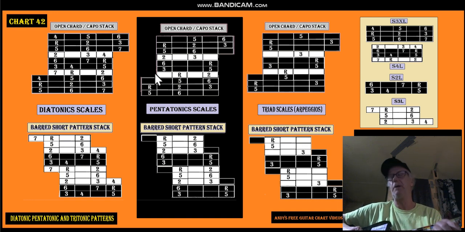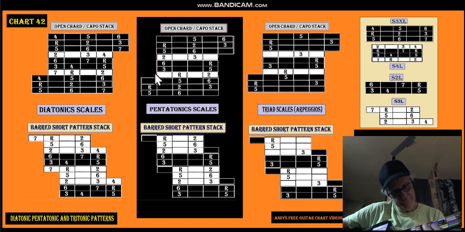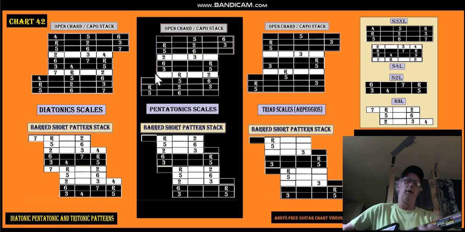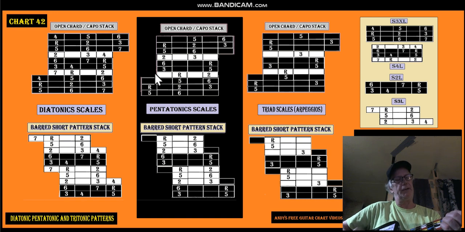So this is our mood setter, our chord. And then, that's your G shape there.